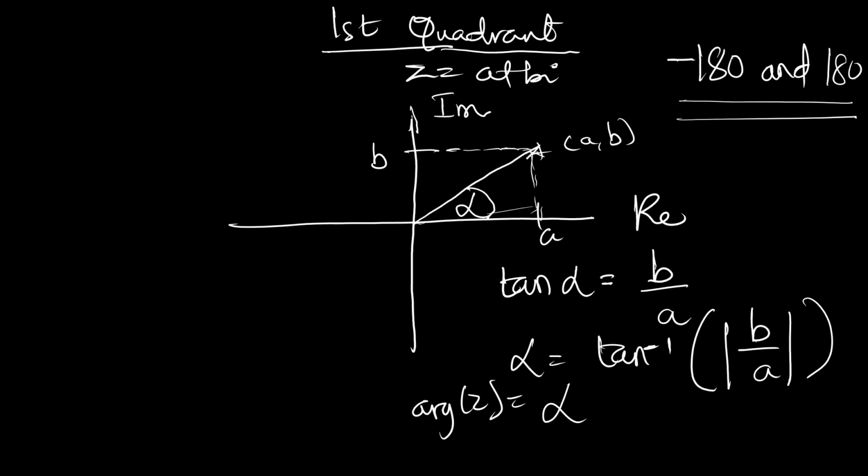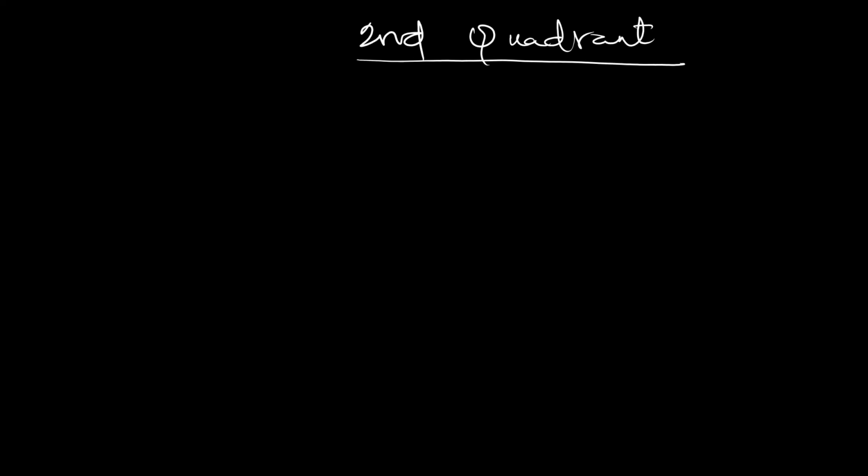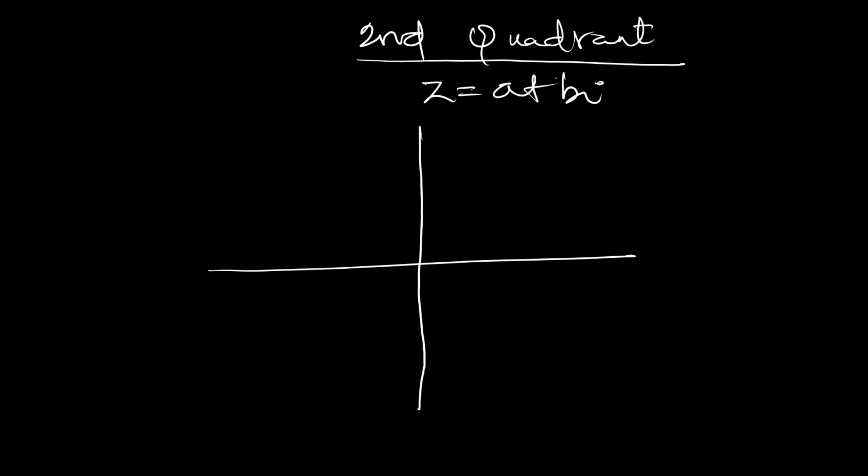Second quadrant. Still using z equals a plus bi. Now this is the second quadrant. So here we are going to have negative real axis, positive imaginary axis.